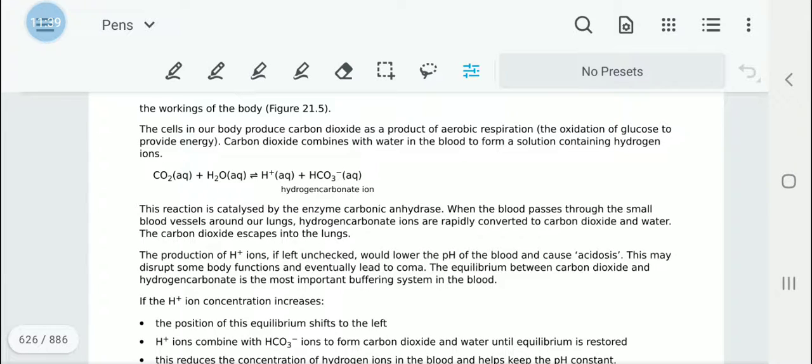When HCO3 minus reaches the lungs, it will be converted to carbon dioxide and water back again, and carbon dioxide will leave. So this buffer maintains the pH of the blood.